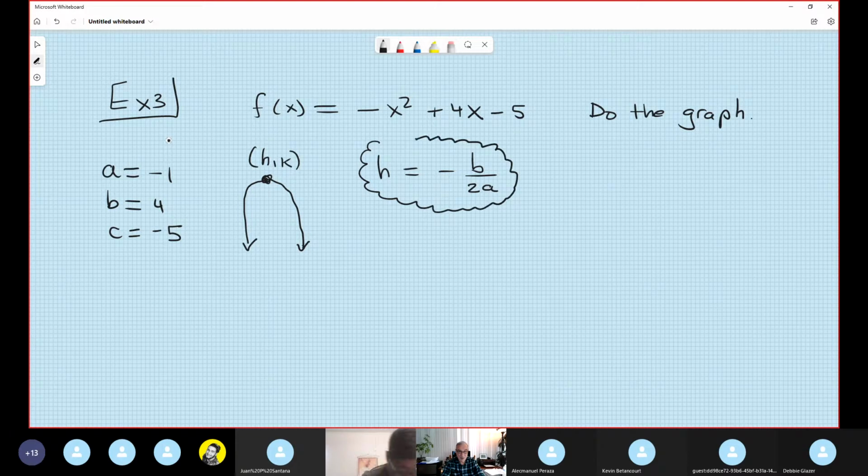Why is it important? It's important because in the application that you will see after, you need to work a problem in which you need to optimize the function. Suppose the parabola opens like that or opens like that. So at that point, you see the maximum value.